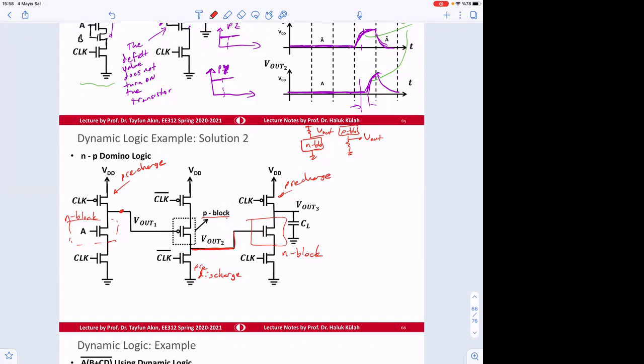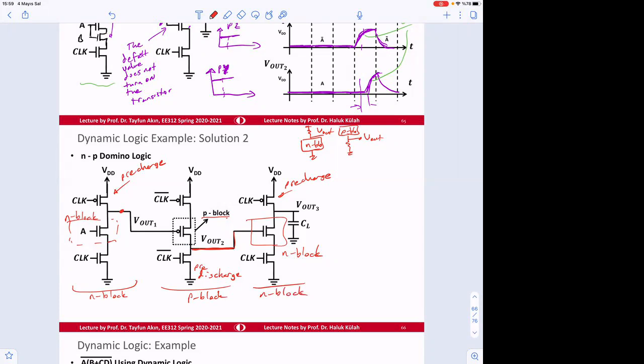So this is the way that we can connect the circuit blocks next to each other, and then everything operates properly. So first, use an N block, and then P block, and then N block. Okay.